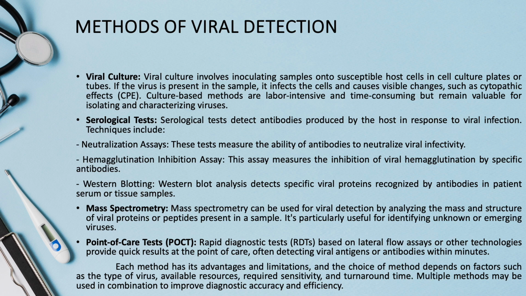Serodiagnosis is made to detect immunity, to detect presence of antibodies in the bloodstream. That shows that a patient is already immune against this infection, maybe because of infection, maybe because of vaccination.